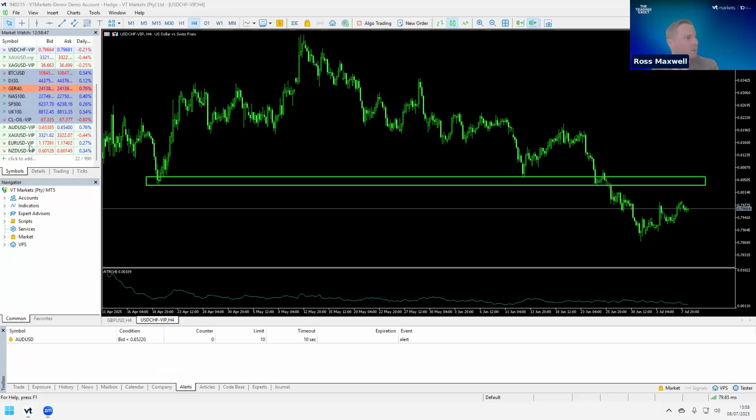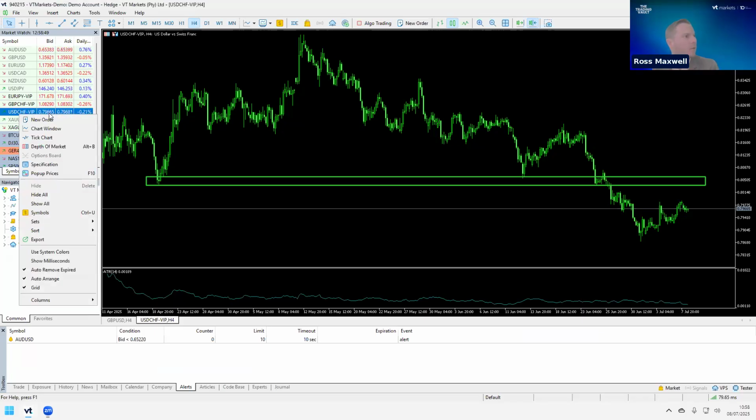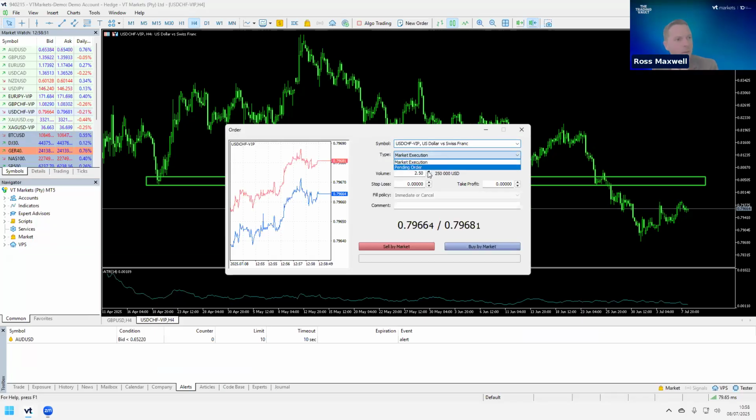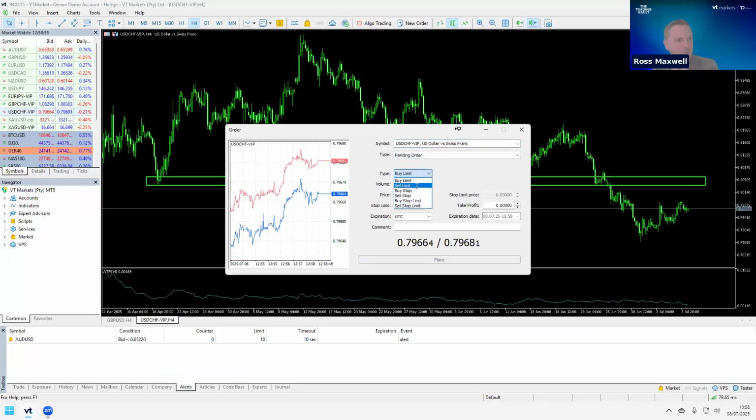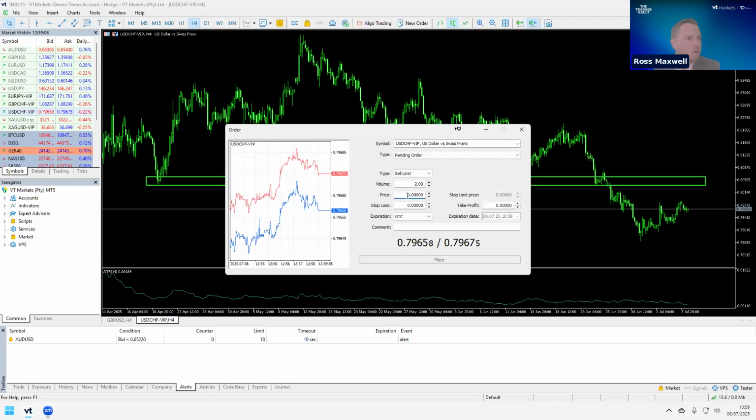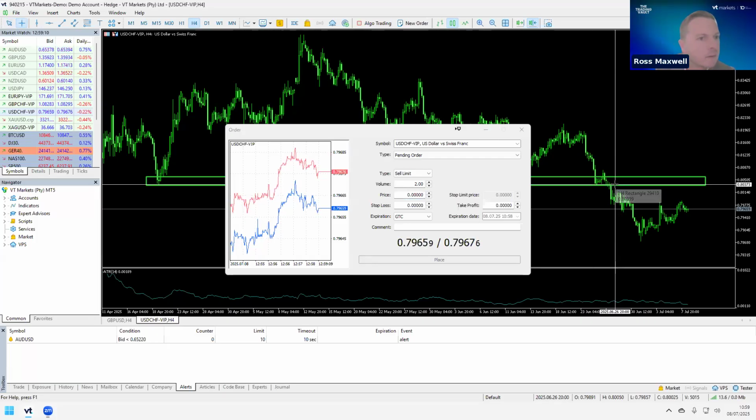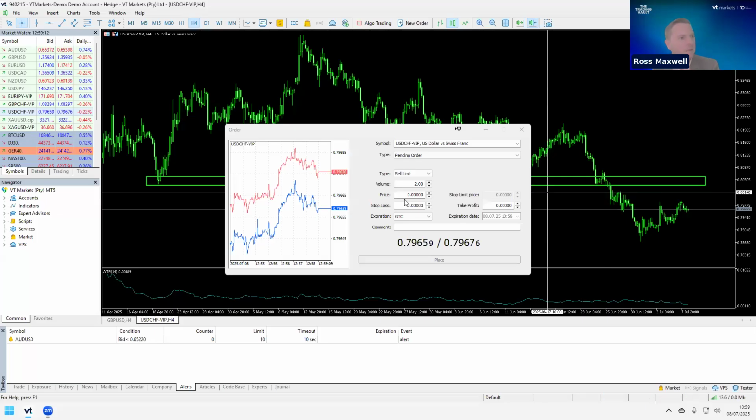Where is that US dollar Swissy? There is new order, pending order, sell limit this time. Oh, not 22 lots, 2 lots. Price. What price did we say that was at? That was at 0.835.